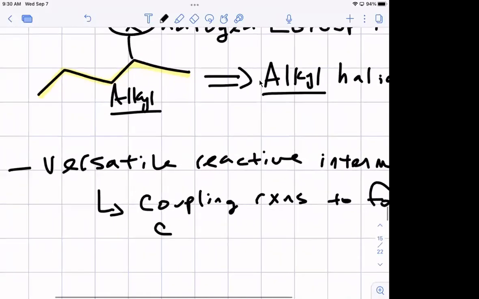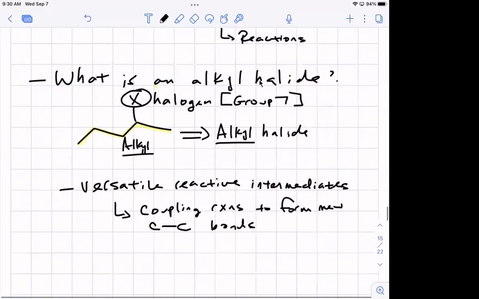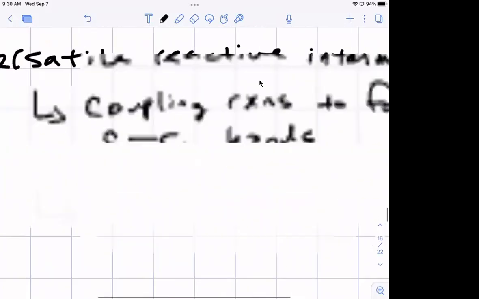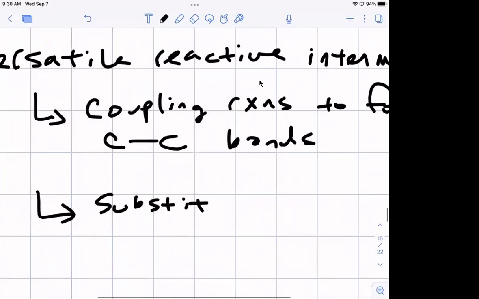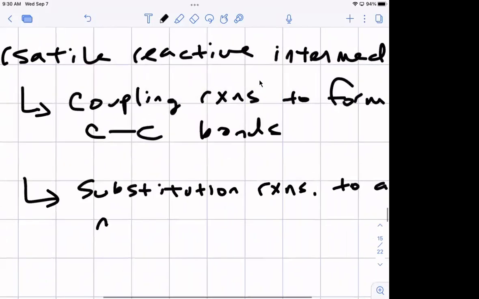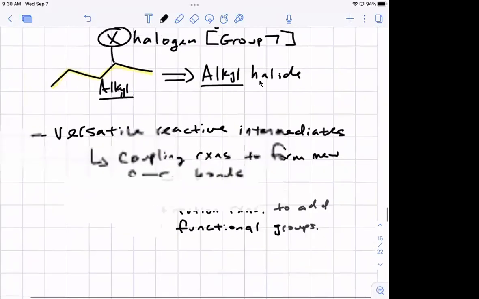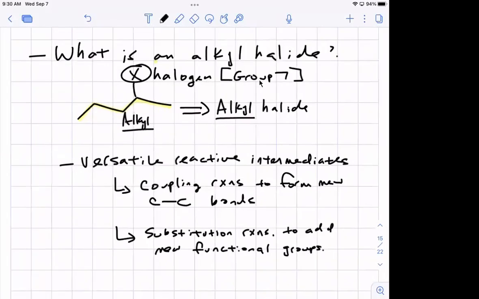And in those coupling reactions, you make new carbon-carbon bonds. And they're also good for substitution reactions. So you can use them to add new functional groups. All right, so they're really versatile.